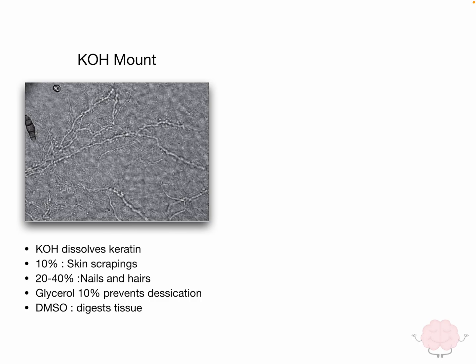For nails and hairs we use a stronger concentration of KOH, that is 20 to 40%. As additional reagents we add 10% glycerol, which prevents the desiccation of the fungal cells, and we also add dimethyl sulfoxide, which digests tissue in case the received specimen is a tissue specimen.